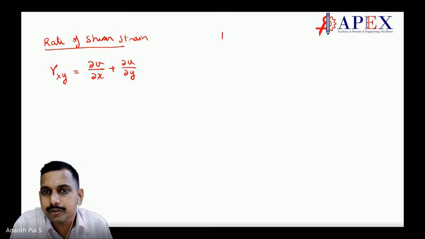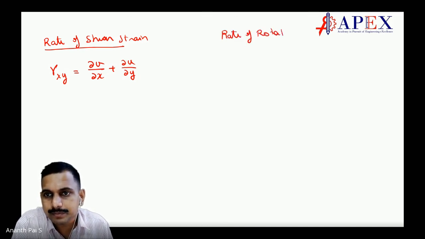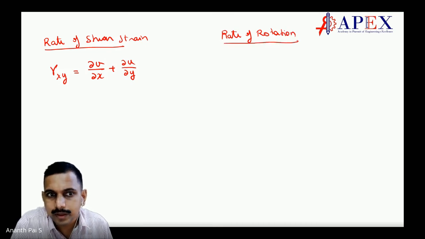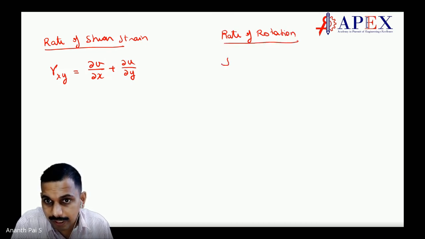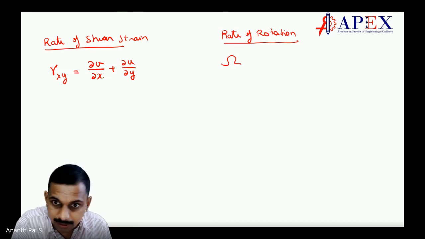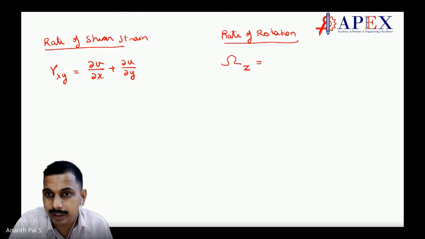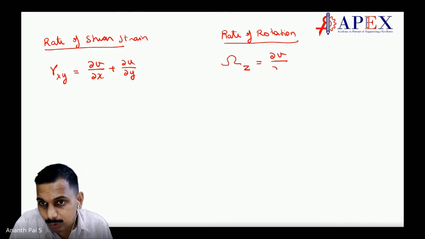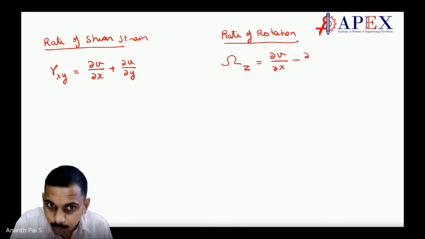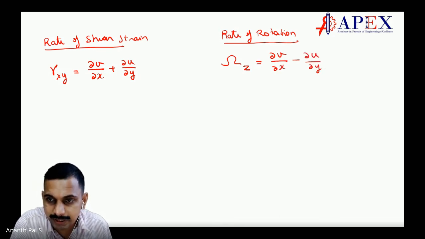And what is the rate of rotation? The rate of rotation with respect to z would be dou v by dou x minus dou u by dou y. Make sense, students?